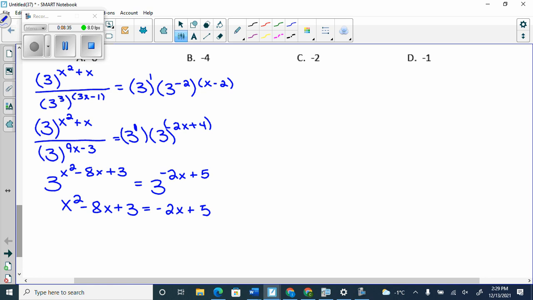Why is the 3 positive? Because you're minusing 3. You're minusing negative 3. You're going x squared plus x minus 9x minus a minus 3. Because these are division, you have to subtract the exponents. When you minus a negative 3, it's a plus.